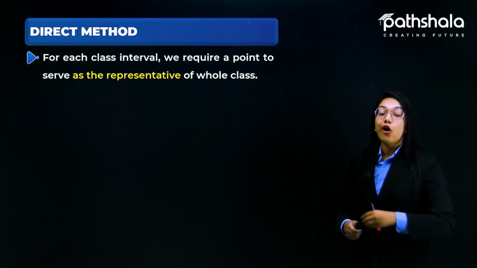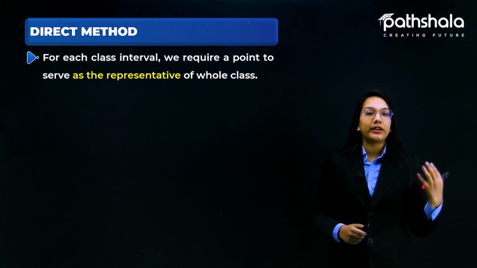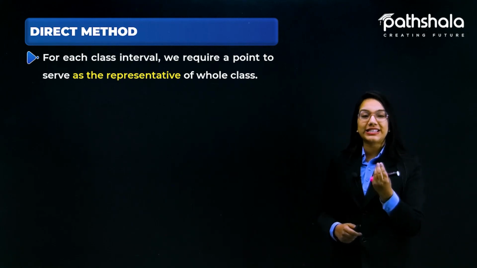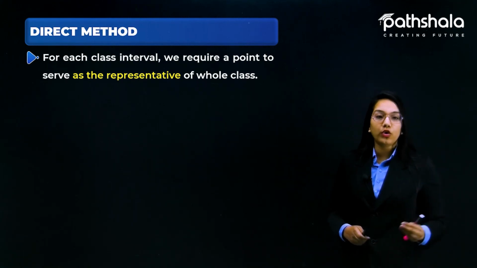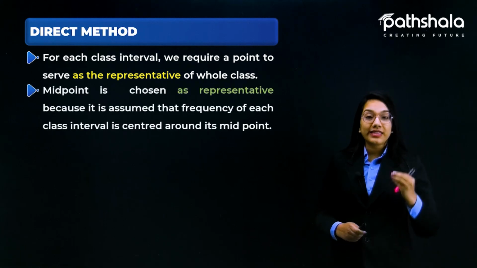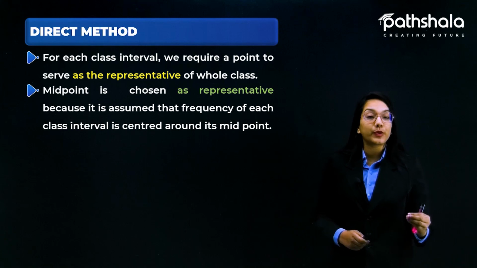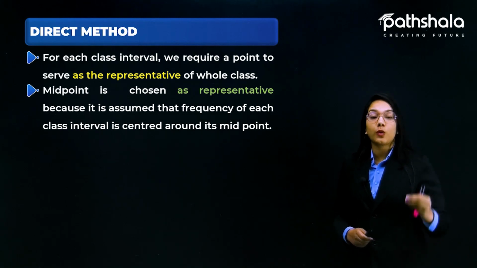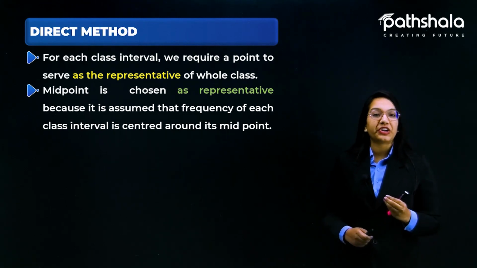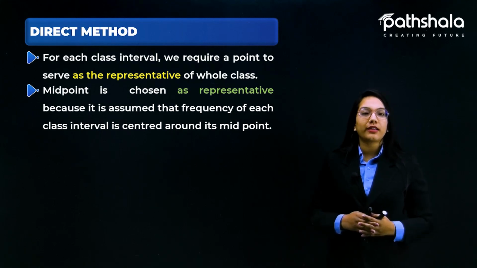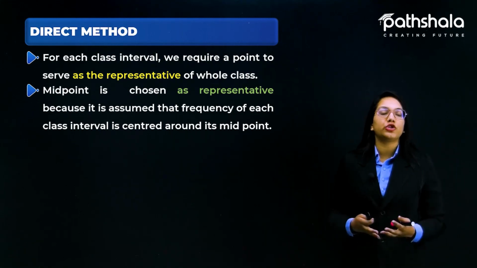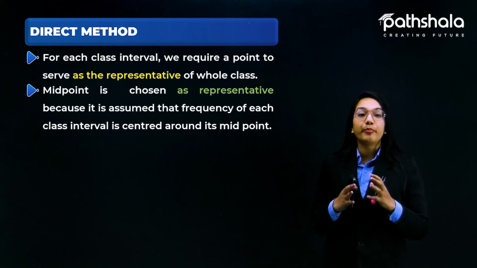So for each class interval, we require a particular point that serves as the representative of the whole class, and we know that the midpoint is chosen as the representative. The midpoint is chosen because it is assumed that the frequency of each class interval is centered around its midpoint.